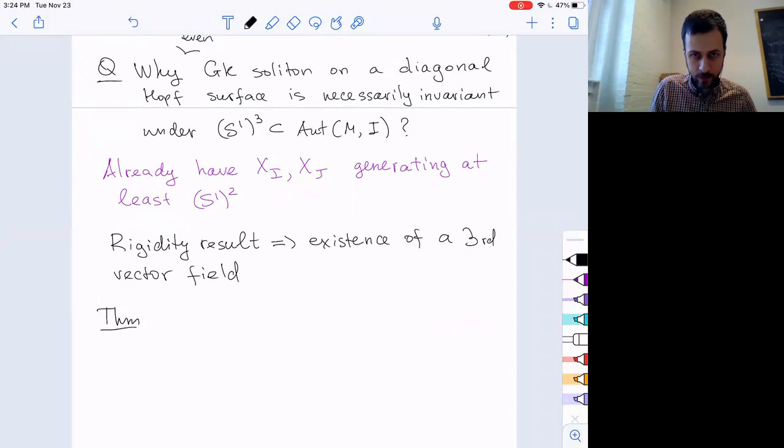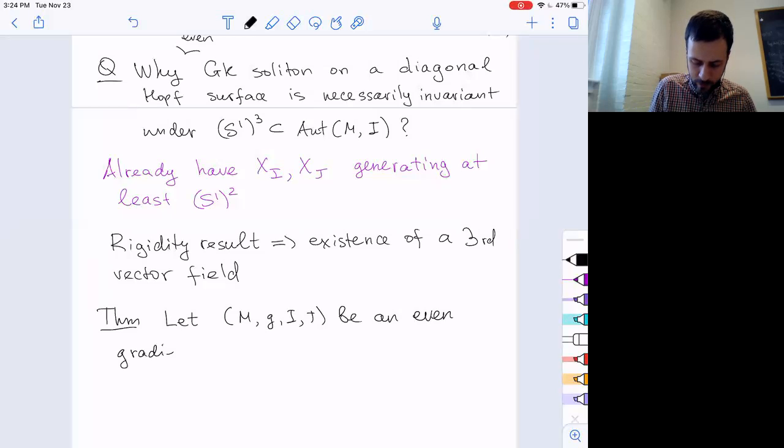Theorem. Let (M, G, I, J) be an even gradient steady soliton on a Hopf surface.